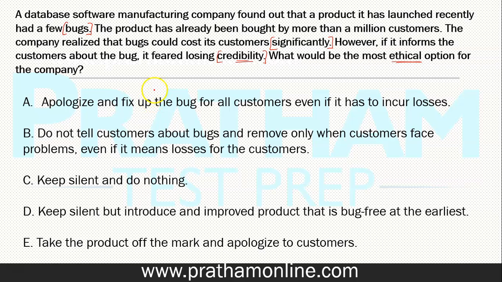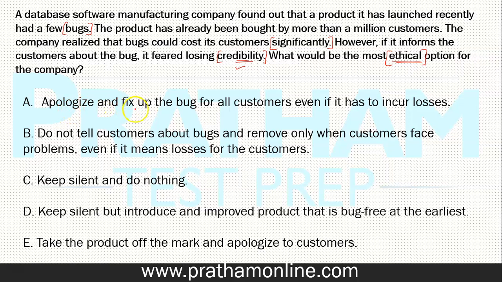So let's try to find out the answer to this question. I'm supposed to find out the ethical option. This is what we'll have to understand. Good enough? Now, what do you mean by ethical option? An ethical option is that their credibility should also be retained, and they should also be telling the customers that there are bugs in it which may create a problem. Let's get into the A portion.